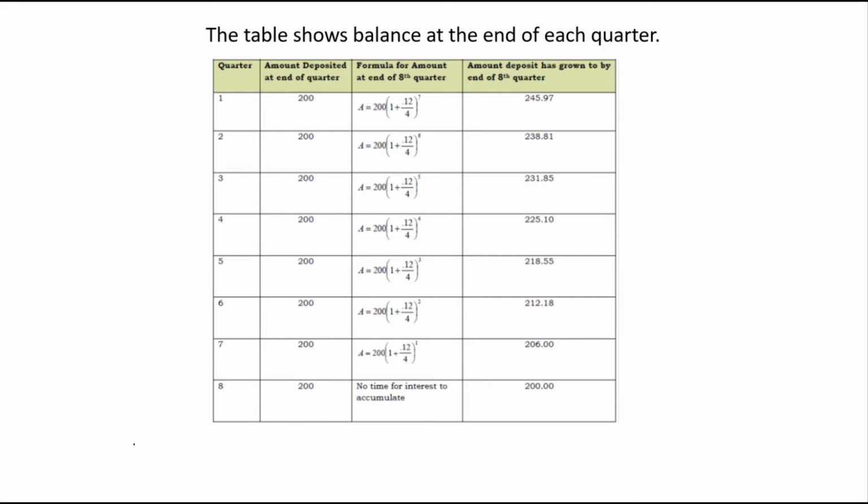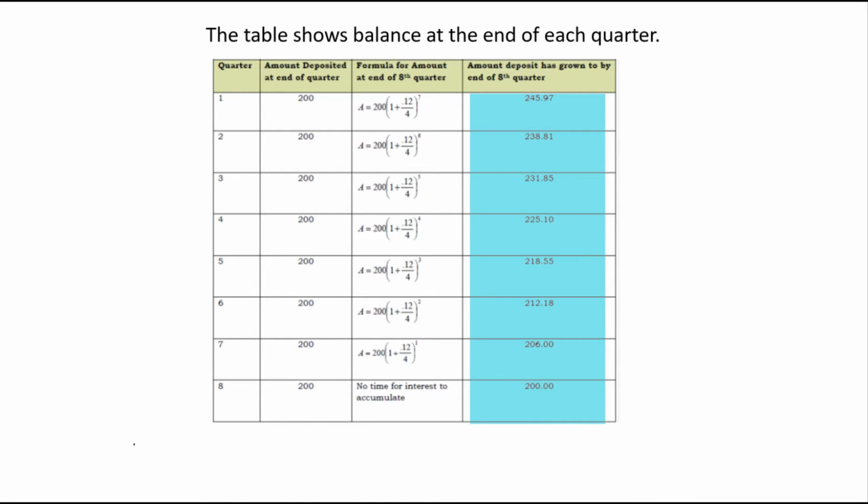And on the last row, it's kind of silly. It's quarter 8. Deposit $200. Since there is no time for interest to accumulate, at the end of the time that you deposit it, which is exactly the same time, you still have $200. Now, to determine how much you have at the end of this time period, add each of the entries of the 4th column.